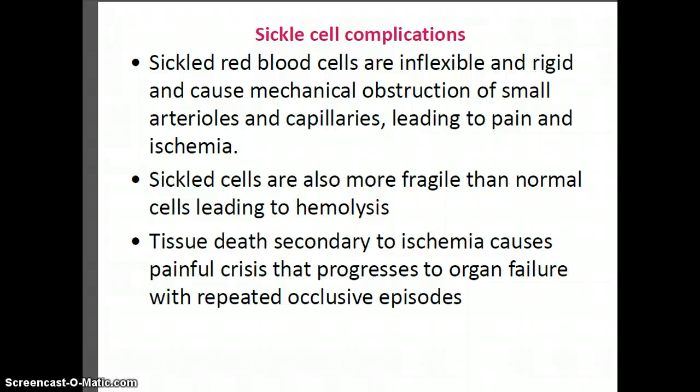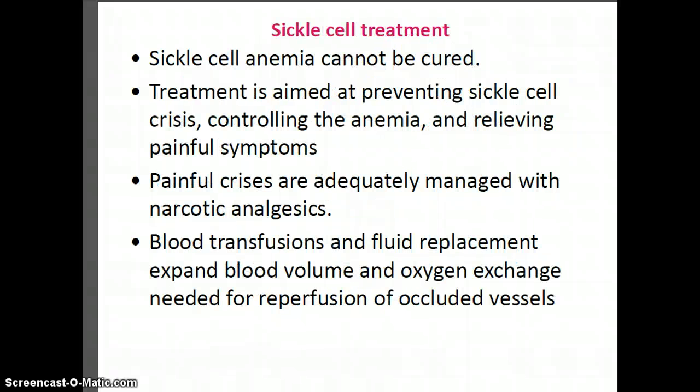Notice that there is ischemia due to these more fragile blood cells which tend to clog small arteries. It cannot be cured, and blood transfusions and fluid replacement can expand blood volume and help oxygen exchange.